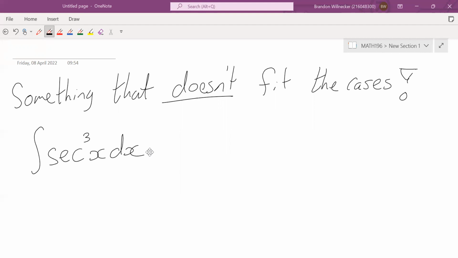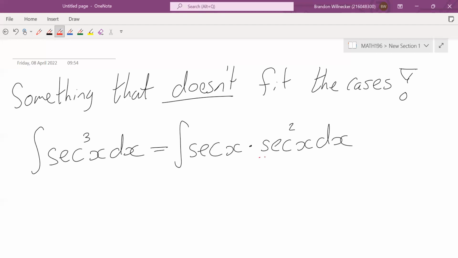But remember that sec cubed can be written as sec times sec squared. So we can write this as the integral of sec x times sec squared x dx. So together it makes sec cubed. But the nice thing about this is that sec squared is easy to integrate, because the integral of sec squared is tan.